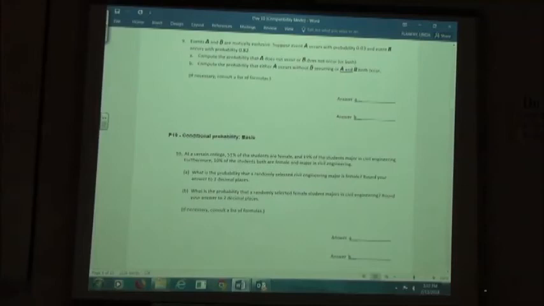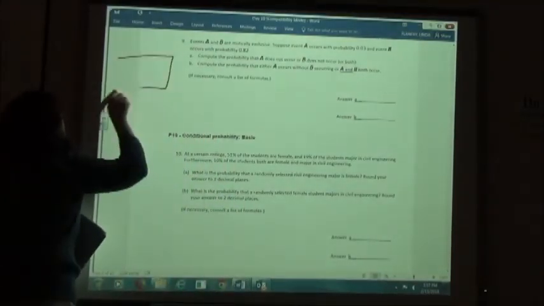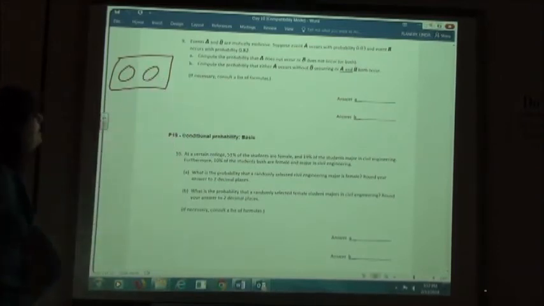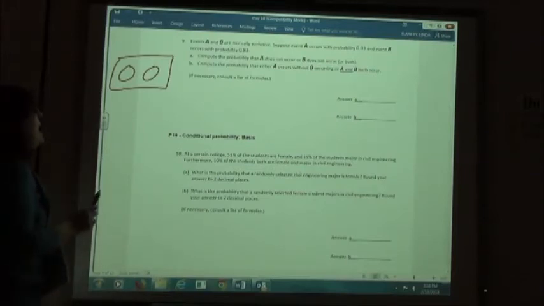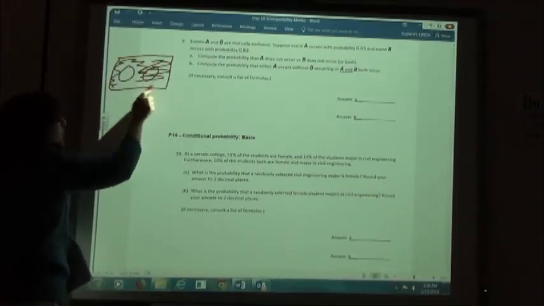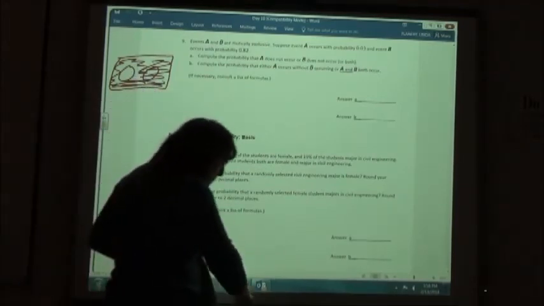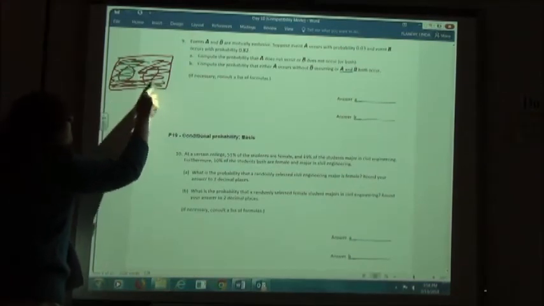So number 9. Again, my two events are mutually exclusive. My A and my B. Compute the probability that A does not occur or B does not occur. So if A is not going to occur, you're going to have everything but the A circle, right? If B does not occur, you're going to have everything but the B circle.